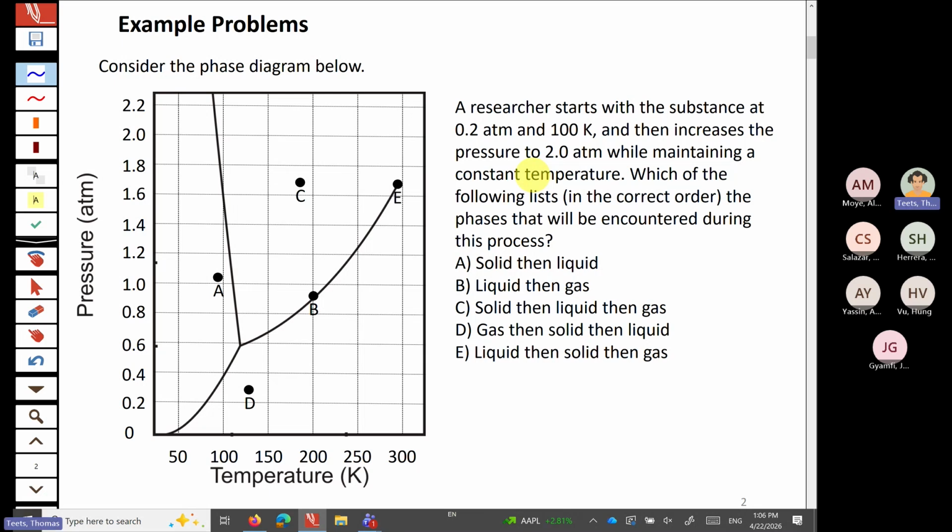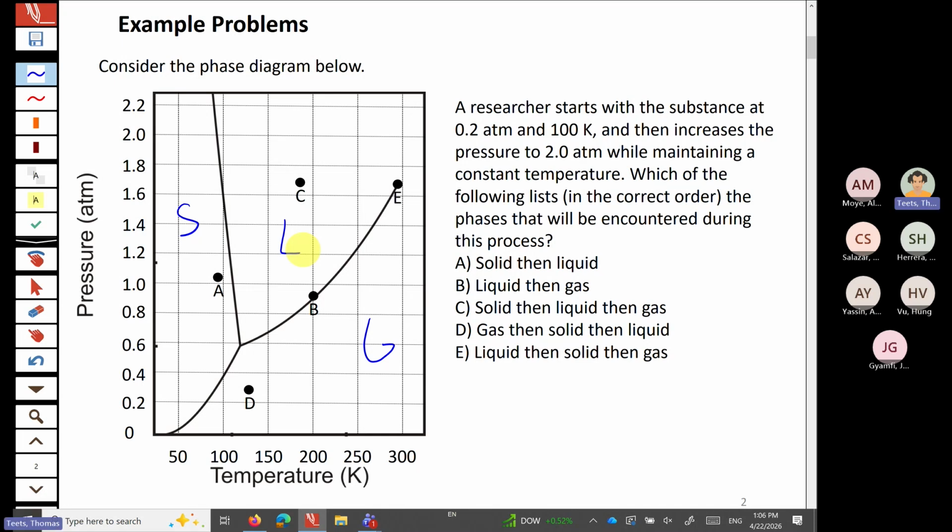Remember that in these diagrams, there are 3 regions divided up by the lines that are shown: solid all the way on the left, gas all the way on the right, liquid in the middle. And we're going to figure out, as we move through the process being described, what the different phases encountered would be.